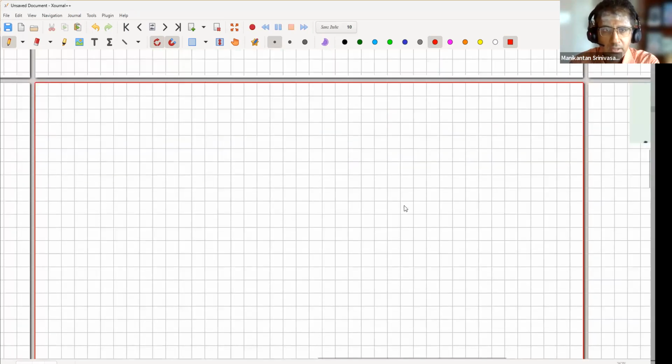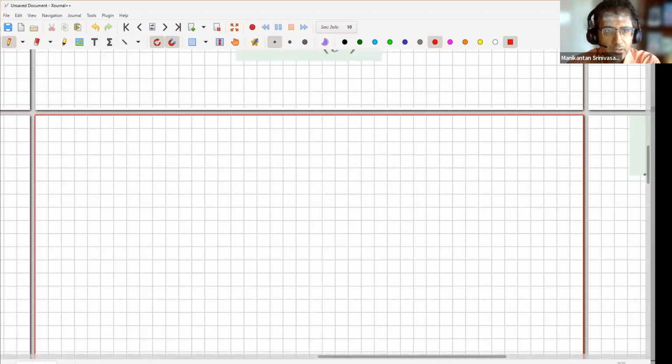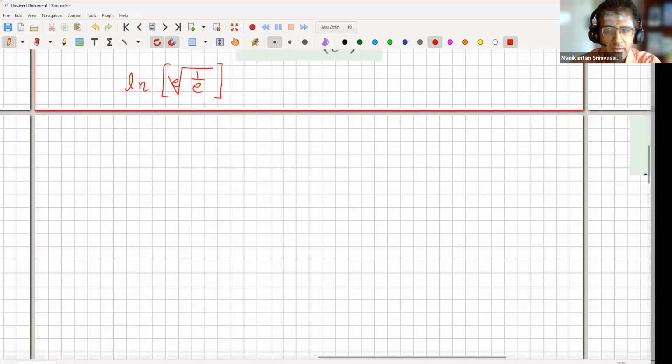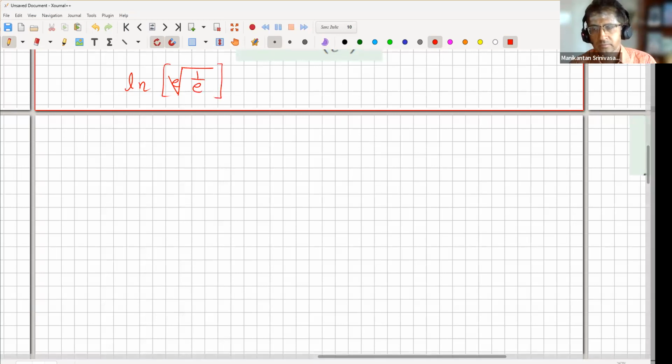What is ln of the eth root of 1 over e? Minus 1 by e.